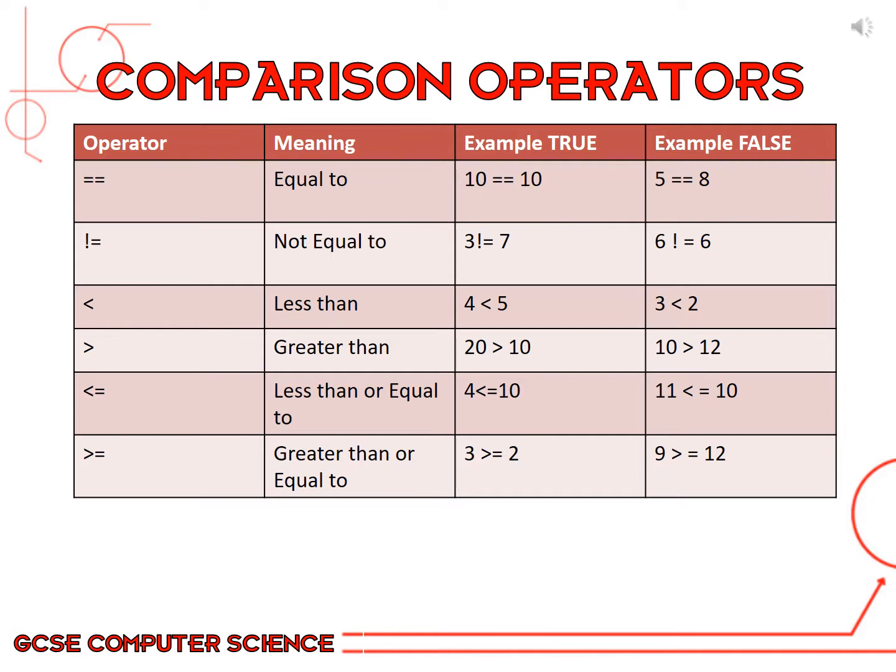Not equal to is an exclamation and an equals. So that's used to say, like, if this is not equal to this, then do something. You can have less than, greater than, less than or equal to, or greater than or equal to. And these are great things to use to basically determine a Boolean output from a check, from a comparison.